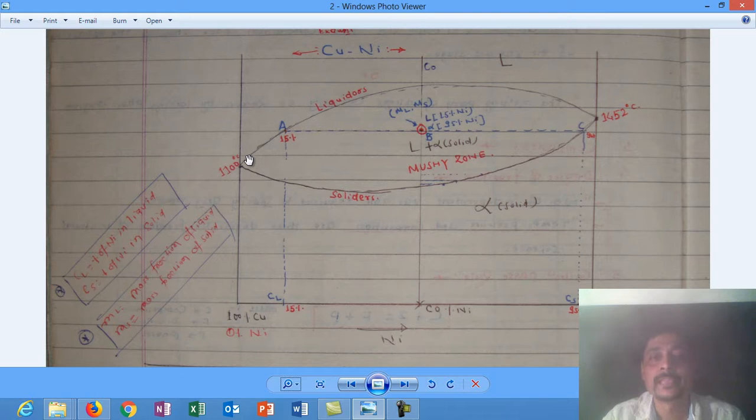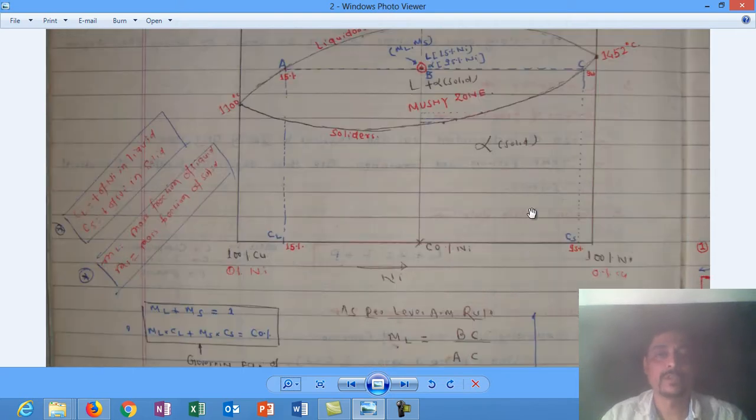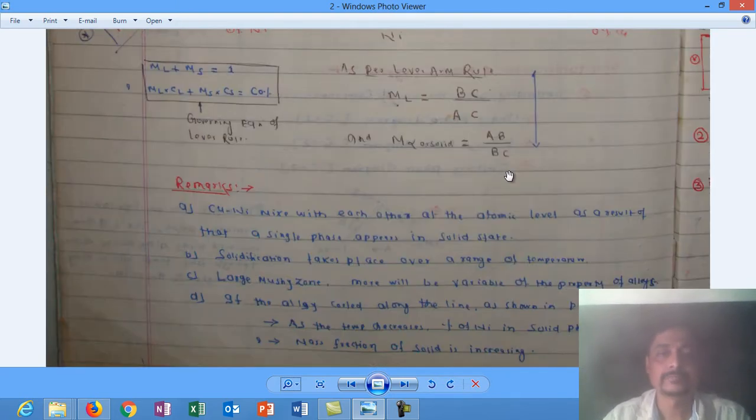In that condition, the length of side AB will be more, compared to the previous one at higher temperature. So as temperature drops, the length of AB will increase. Therefore, as the length of AB increases, we find that the mass fraction of solid will be increasing. Okay, this is the important point we have to understand, right?